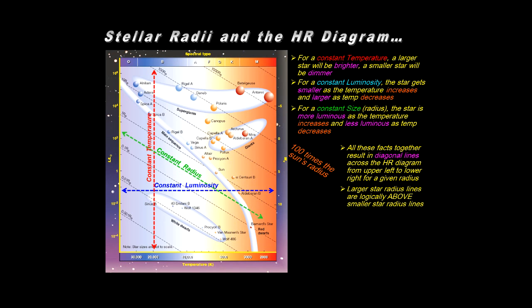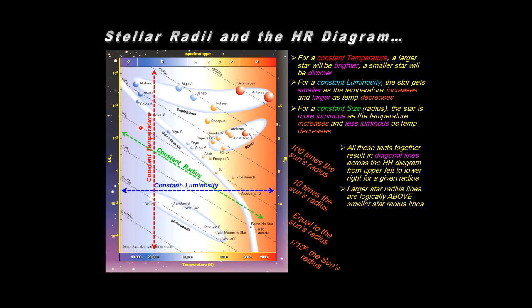The larger radius lines, larger size stars, are going to be above smaller stars, which makes sense because the luminosity is going to be bigger for a given temperature. So these lines on this diagram in particular, we can put scales to them.